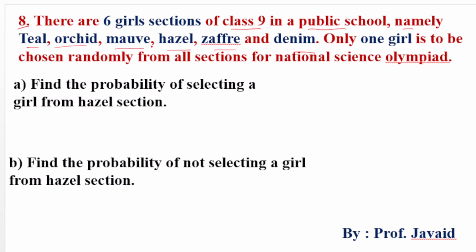Look, there are 6 girls sections of class 9, nothing else is given. And at the end, they said only one girl is to be chosen randomly from all the sections.